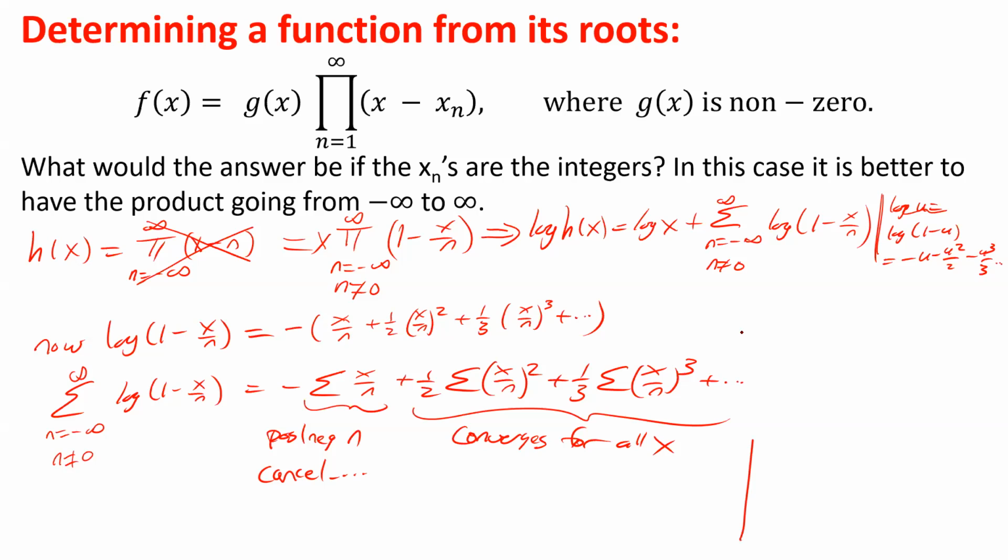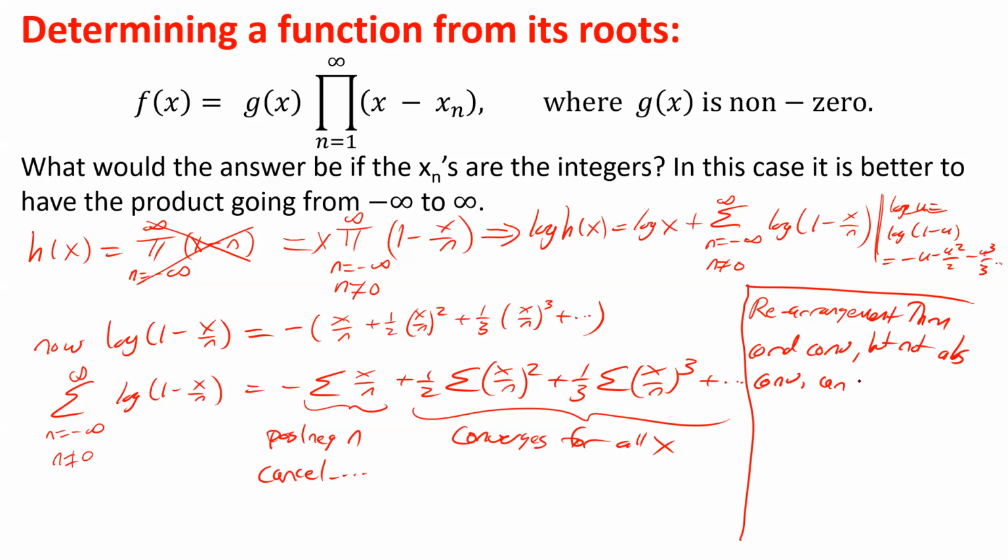Have you heard of the rearrangement theorem? It says if you rearrange an infinite sum, you can get a different infinite sum. So if a series is conditionally convergent but not absolutely convergent, you can rearrange it to have any lim sup or lim inf.